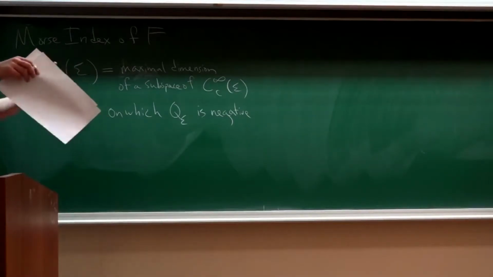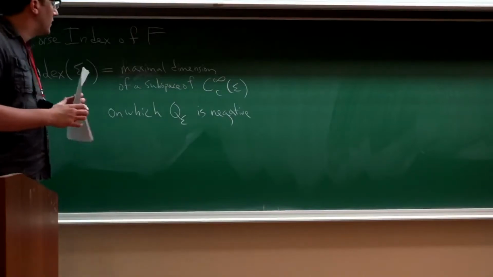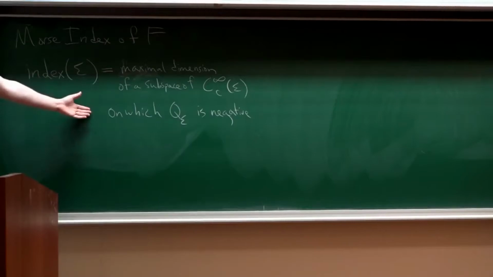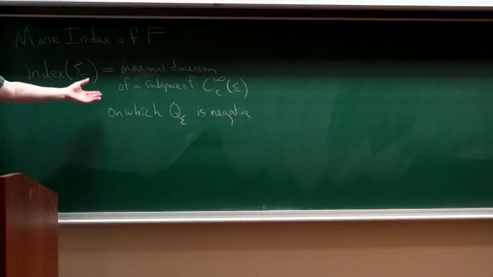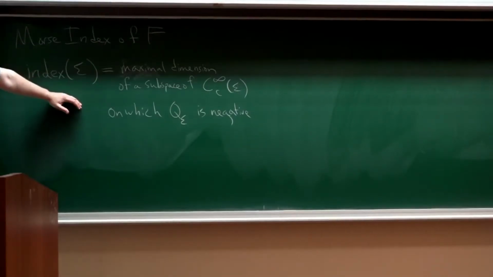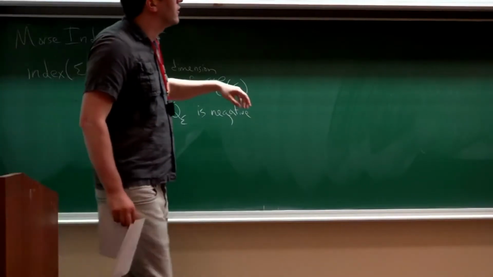So how many linearly independent directions can we decrease the functional in? The point that this is always a finite number is clear when it's compact, by spectral theory. But in fact, because of the way the weight is, it's actually always finite for reasonable sigma. I'll get into that in a little bit.